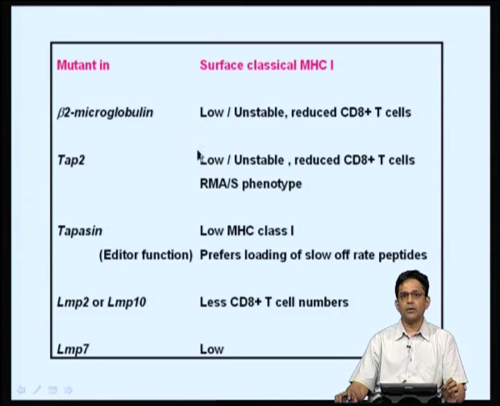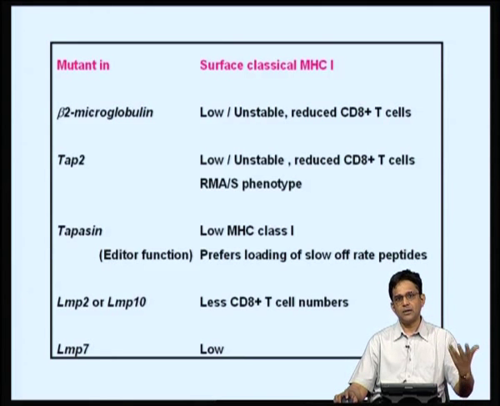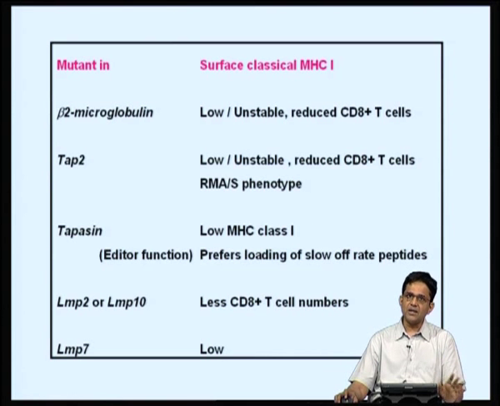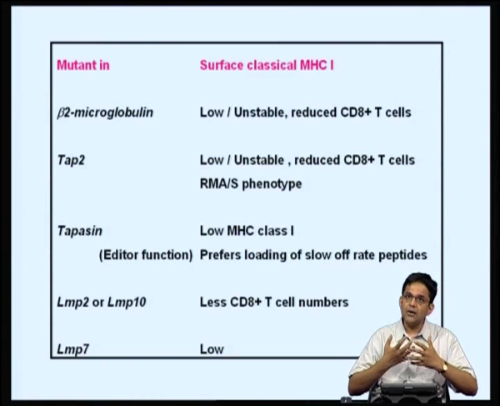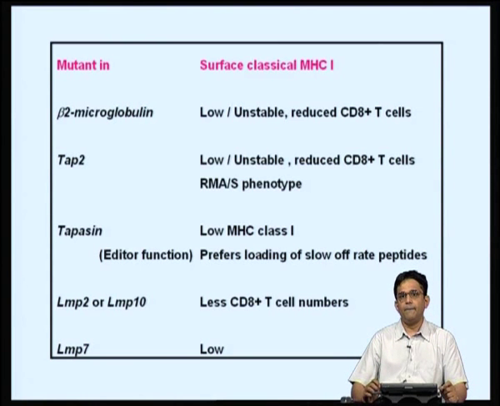So, in the beta 2 microglobulin knockout, humans that do not express beta 2 microglobulin, or mice that are genetically engineered such that they do not express it, you generate low, unstable MHC class 1 molecules. Also, because you have such a drastic reduction in MHC class 1 molecules, you have very reduced CD8 positive T cells, because the CD8 positive cells are not being selected in the thymus. So, that is a very important aspect.